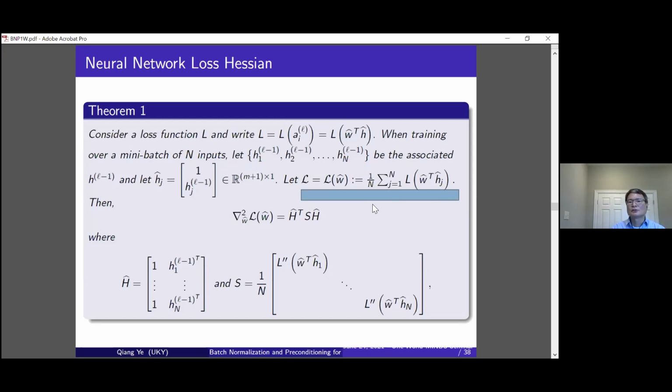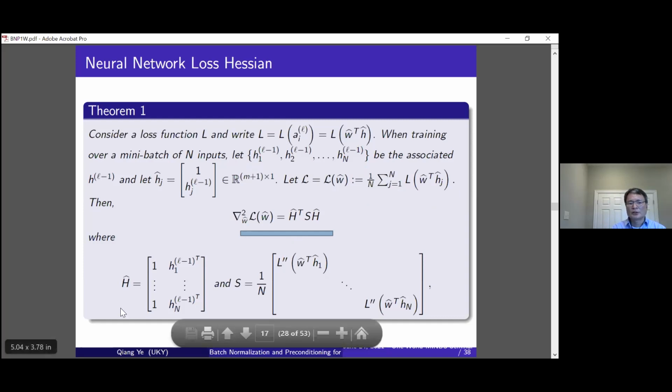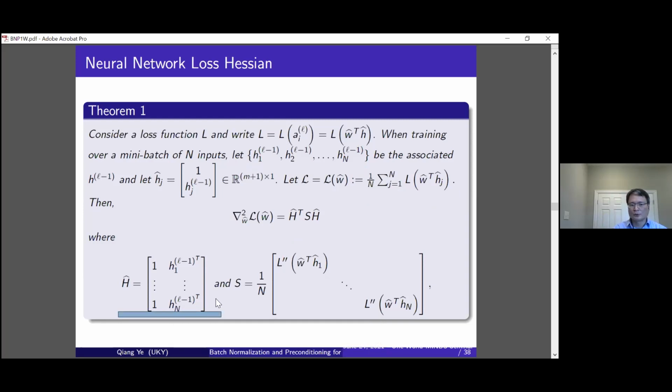For this mean loss, the Hessian has this form: H hat transpose S H hat. What is H hat? H hat is this matrix that has two block columns. First it's just 1, 1, 1, 1; usually I use e for that vector.